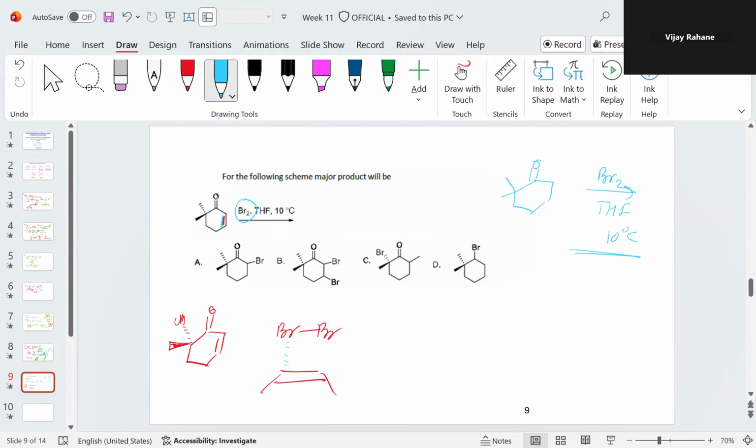One of the bromines forms a bond here and the Br negative gets eliminated. So initially the first step is formation of such a bromine bond, and this bromine will be in plane.